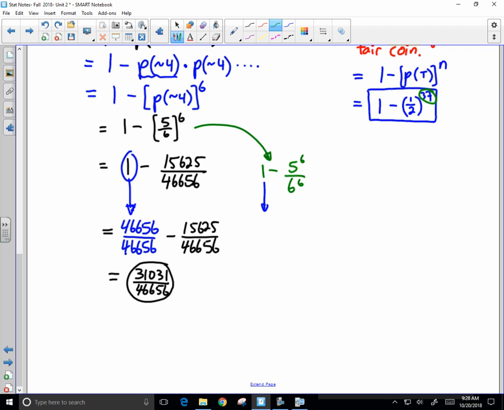That would have been a really easy problem. So 6 to the 6th over 6 to the 6th minus 5 to the 6th over 6 to the 6th. And then put that in your calculator. Just typing this in will give you the numerator, and that would give you the denominator.